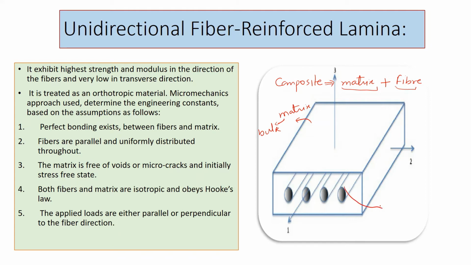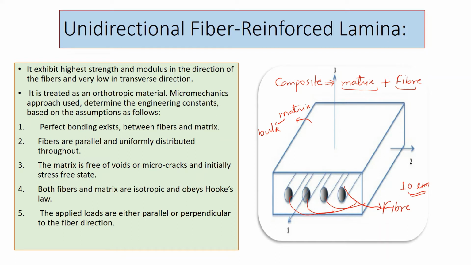These are the fibers. The fibers are very strong, or very high strength, because their size is very small, basically 10 micrometers. We know that the smaller the size of the material, the higher the strength.